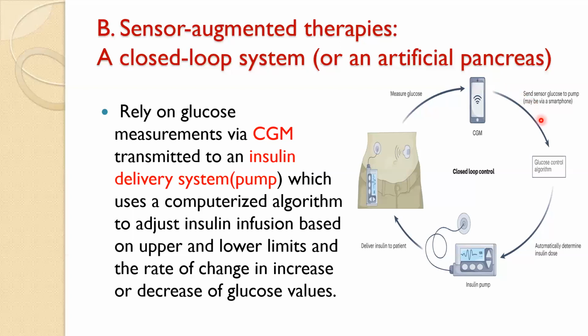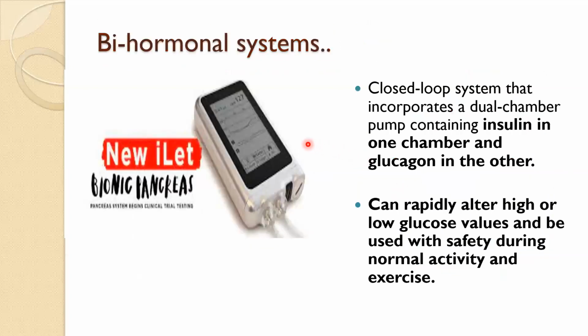Then the sensed glucose is sent to the computerized algorithm that automatically determines the insulin dose and sends instructions to the insulin pump, and then the insulin pump delivers insulin to the patient. So it's basically closed loop because you sense the glucose, calculate the amount of insulin to give, and you give the insulin.